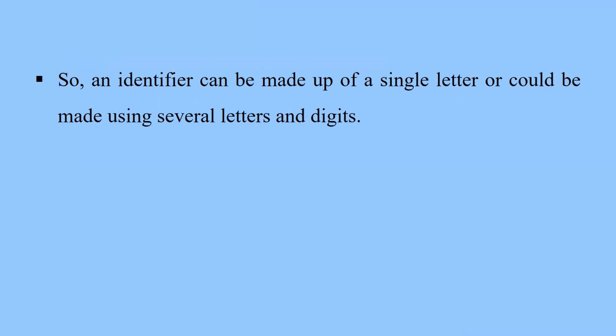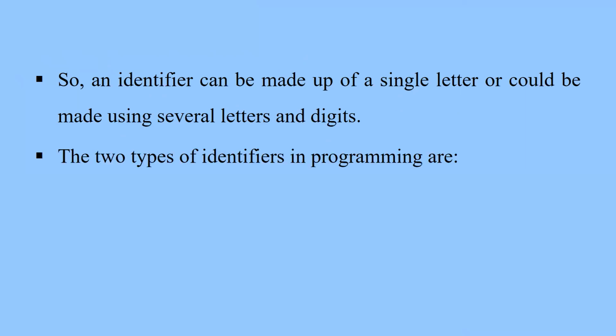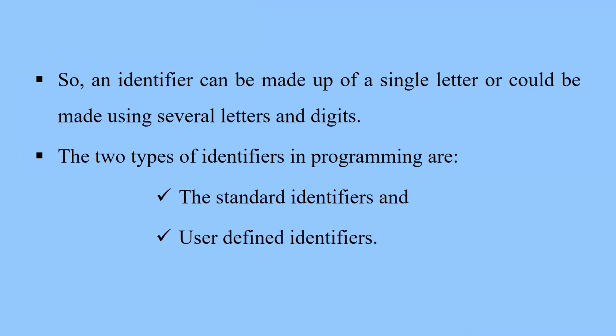And therefore, an identifier can be made up of a single letter or could be made using several letters and digits. The 2 types of identifiers in programming are the standard identifiers and the user-defined identifiers.